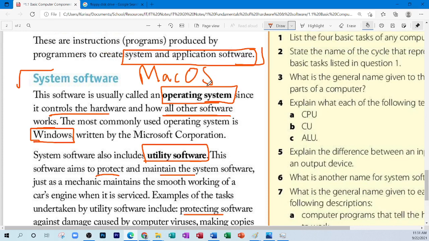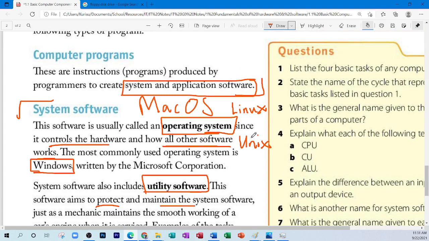You guys can take note of that. There's Mac OS, there is Linux, and have any of you ever heard of Unix? That is also another one there. Alright, so take note of that.